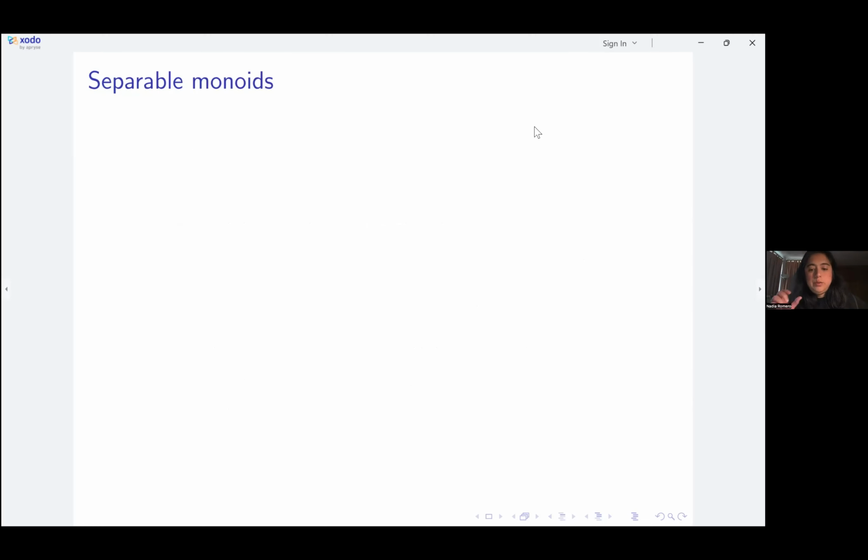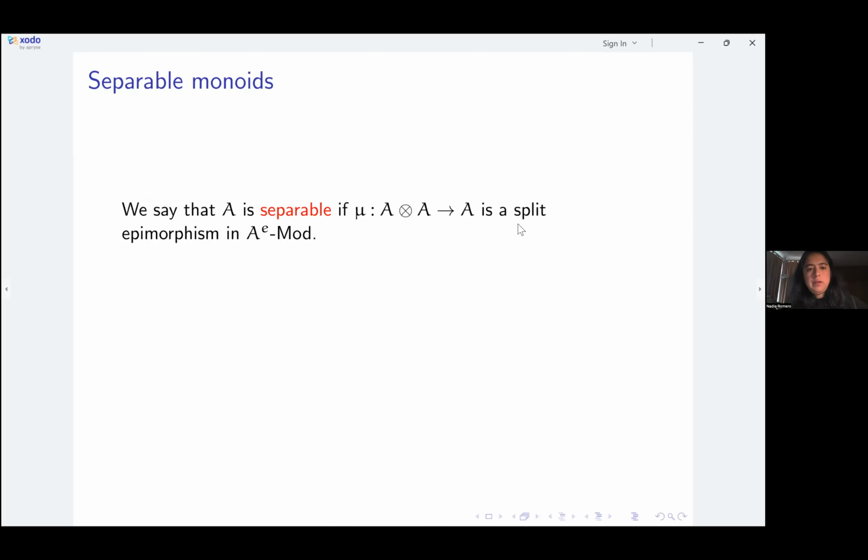And so just to give you an example of how we use this changing of resolution, we consider the case of separable monoids. We say that A is separable if this product we have for A is a split epimorphism. Again, it's the usual idea we have for rings.